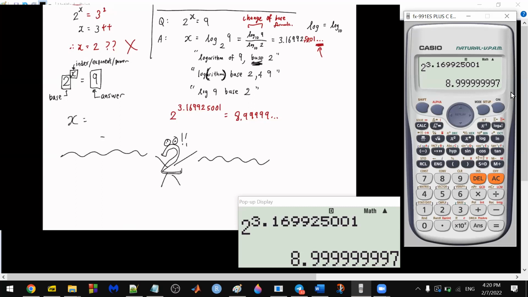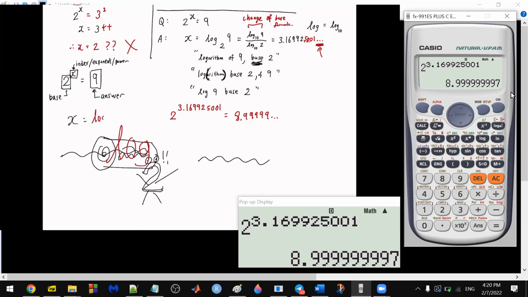It has to try to stay afloat. So it has to grab onto a piece of log, known as log. But it's struggling to stay afloat, so it grabs at the bottom. So you end up with log base 2. But the 9 is still there, so you just copy down the 9. And log 9 base 2.